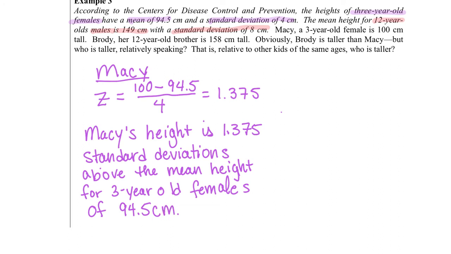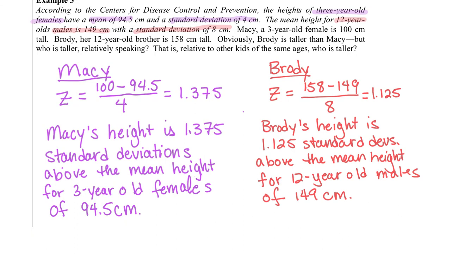I want you to take a moment to calculate Brody's z-score. So Brody's z-score is going to be his height, 158, subtract the average height, and divide by the standard deviation. So hopefully you found that Brody's z-score was 1.125, and then you would make this conclusion: his height is 1.125 standard deviations above the mean height for 12-year-old males of 149.